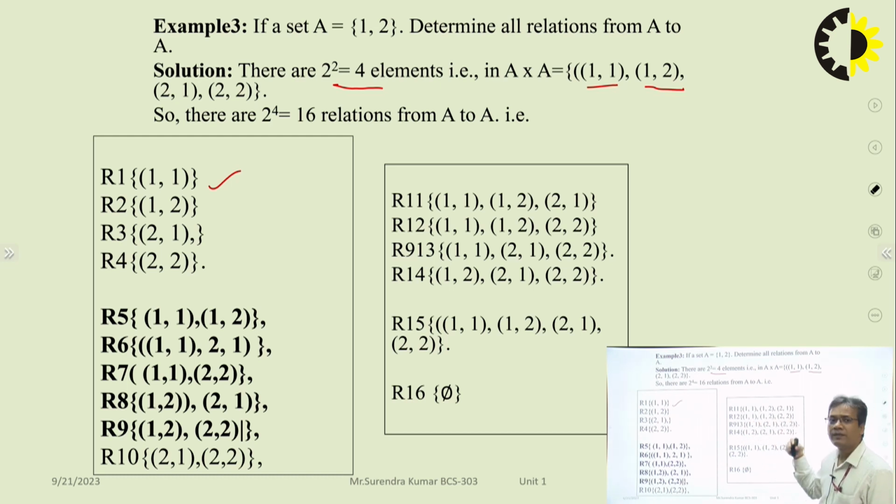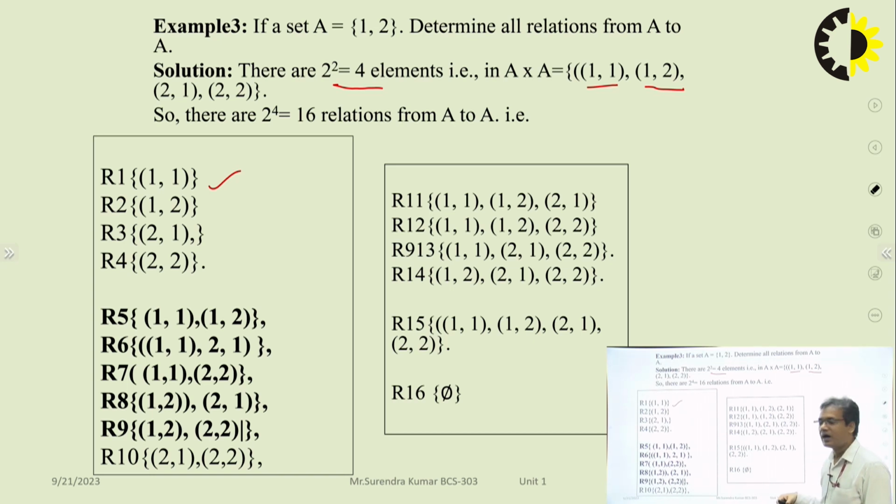So, different combinations can be created with the help of the A cross A set. Same, this is R13, so R13 basically is (1, 1), (2, 1) and (2, 2). Same, R14 is (1, 2), (2, 1) and (2, 2). So, these are different possibilities of creating different relations using 3 ordered pairs.